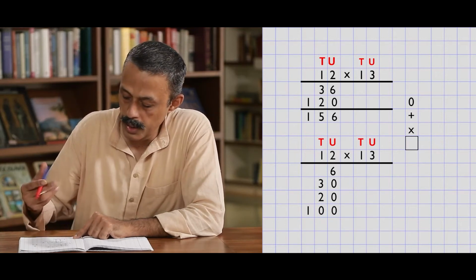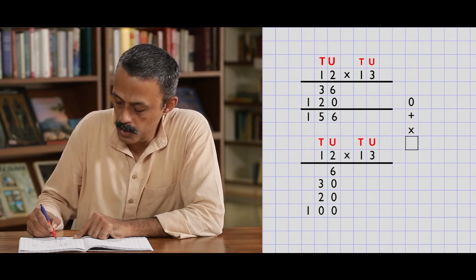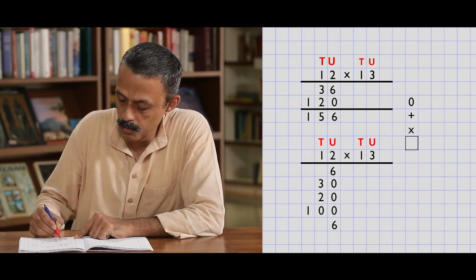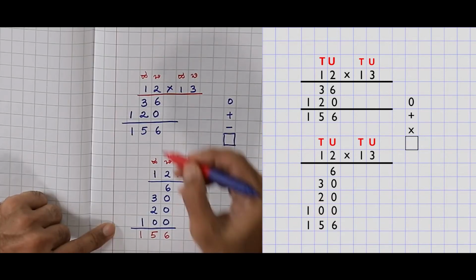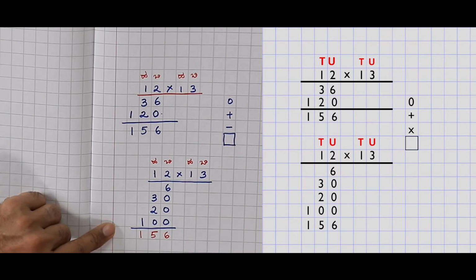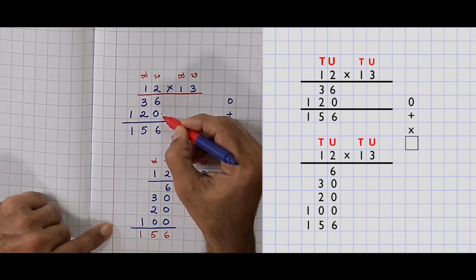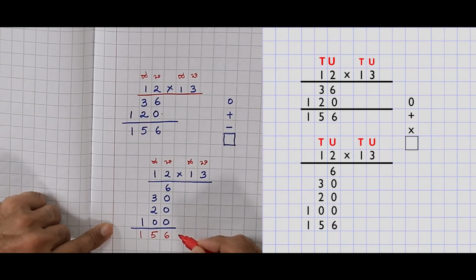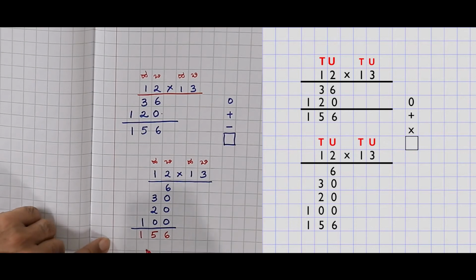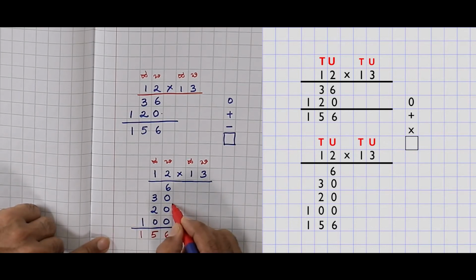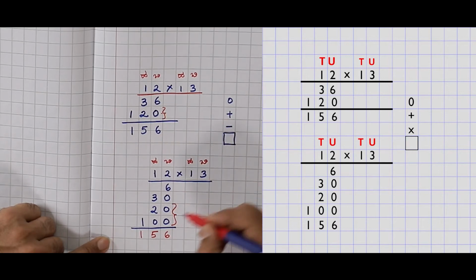Now, let us see what is the answer. 0 plus 6 is 6. 3 plus 2 is 5. 1. When we did it with this method, in both these methods, 20 plus 100, 120.